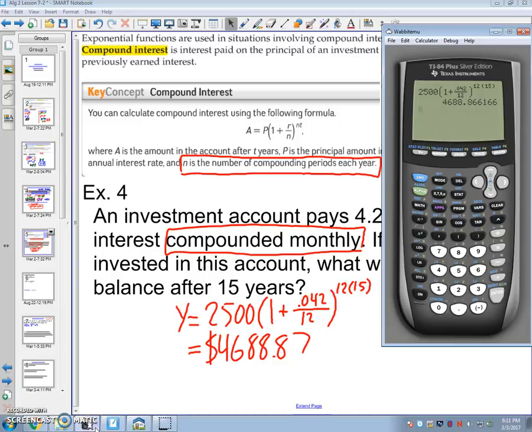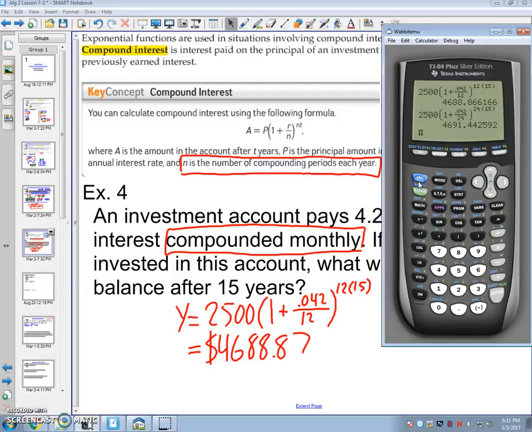Now, let me show you what happens if the N changes. Say instead of doing monthly, they did bi-monthly, 24 times per year. So that changes the bottom of the fraction, and this changes. Instead of getting 4,688, he gets $3 more. But if we're talking about bigger terms, that could be $3,000, $3 million, but it's more.